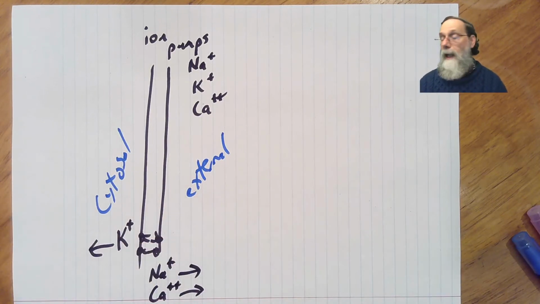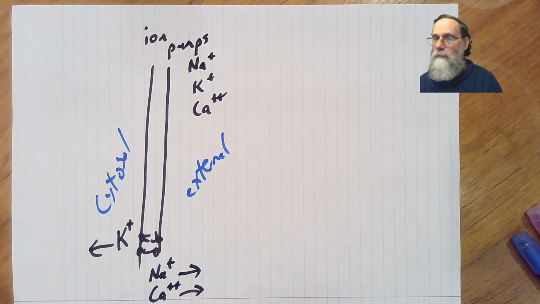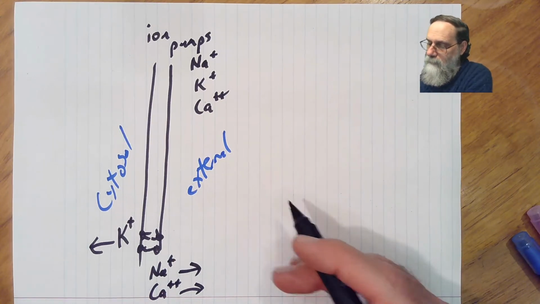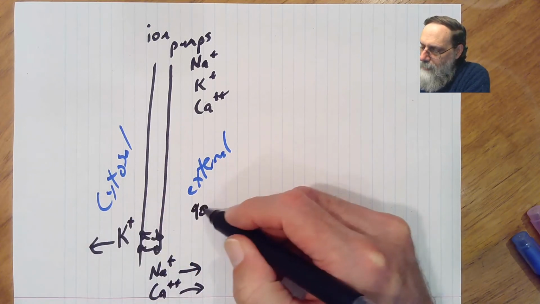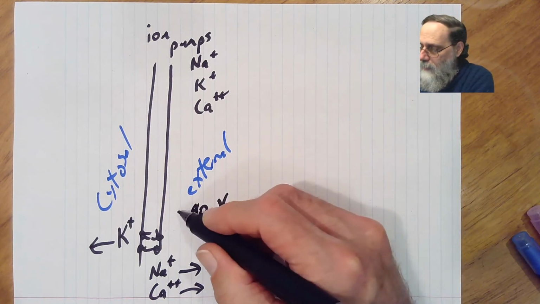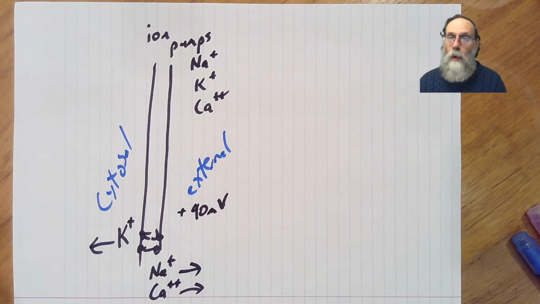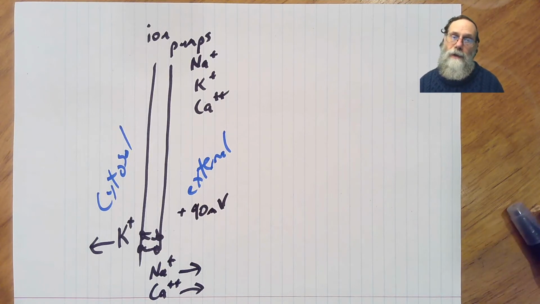So we've got an excess of sodium and calcium outside the cell, an excess of potassium inside the cell. And these ion concentration gradients are enough to get about a 90 millivolt difference across the cell membrane. So there's about 90 millivolts more on the outside of the cell than the inside of the cell.